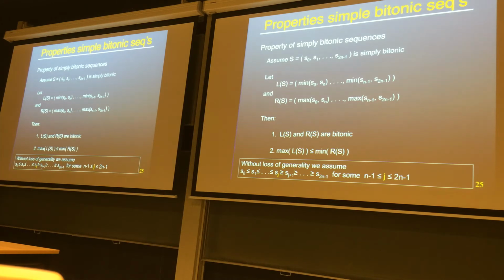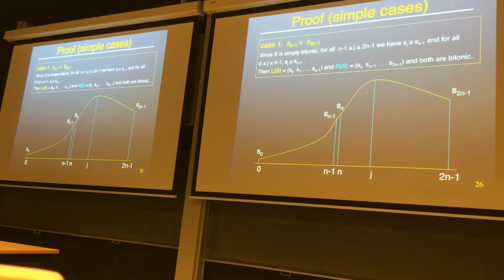And the reverse, so the second part, is completely analogous by taking j in the first one. Okay. So we will show now that these two properties hold for this part of the proof, j and n.